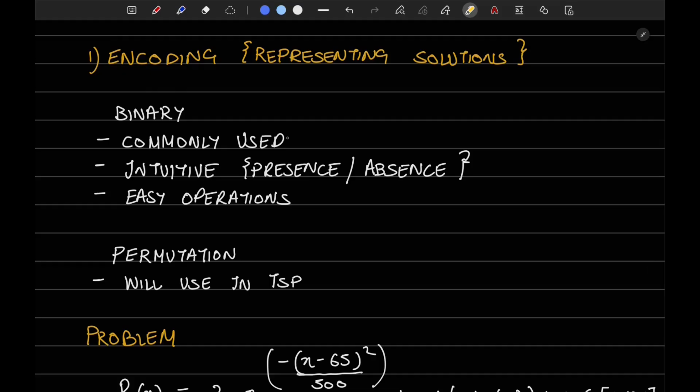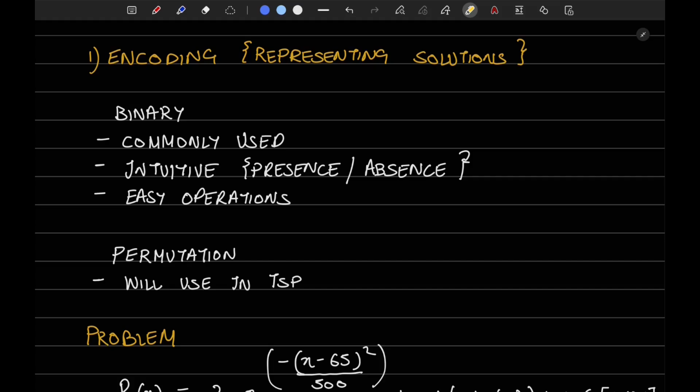The most common method is the binary encoding, where each solution is represented as a string of zeros and ones. This approach is widely used. It's also very intuitive, especially for the problems where we're deciding on the presence or absence of something, like in the 01 knapsack problem or a facility decision problem.